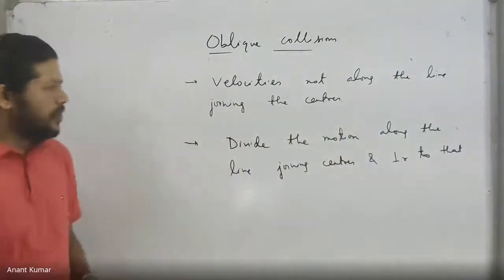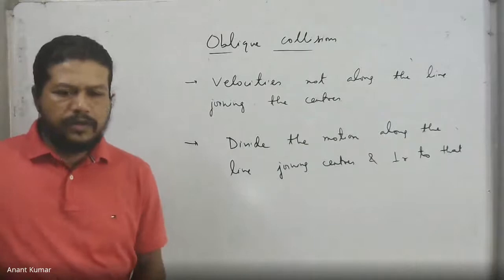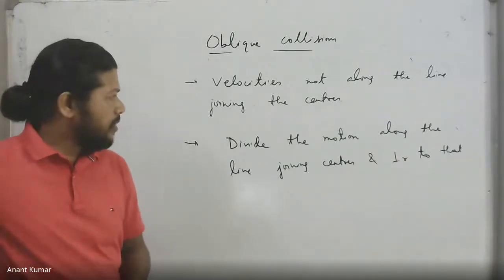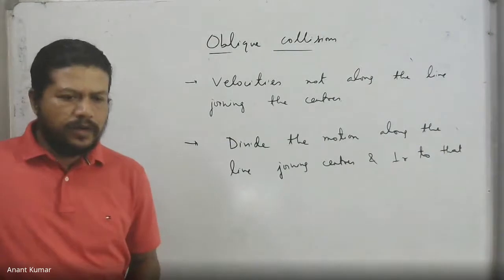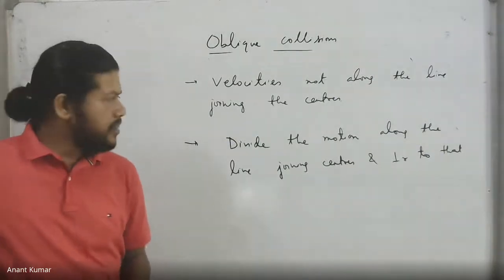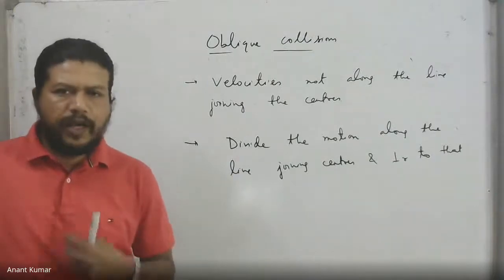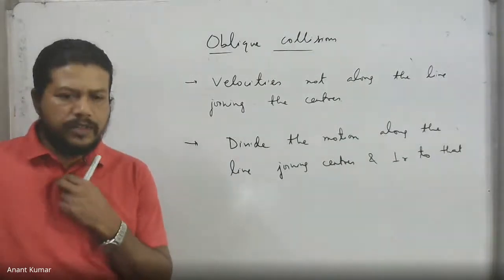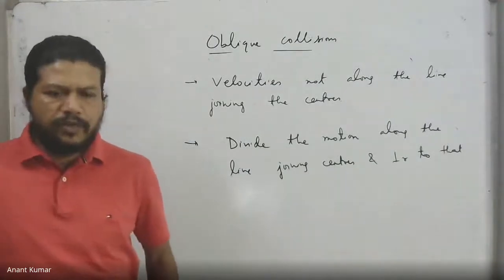In that case, we will be able to analyze the entire thing by considering such situations. Along the line that joins the two particles, we could apply the same ideas that we had for one-dimensional collision, while the other direction depends on what situation we have.